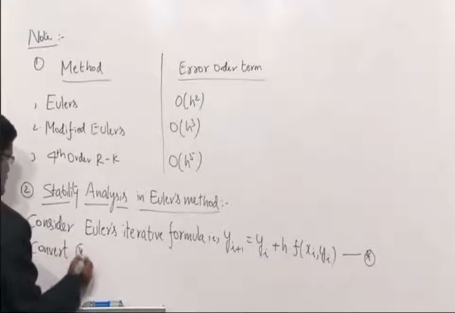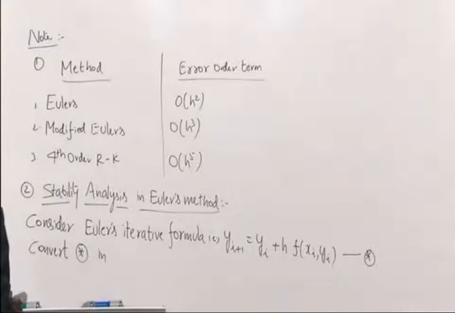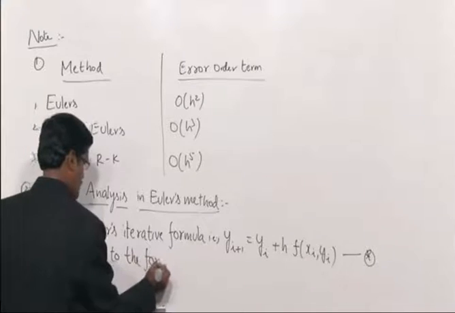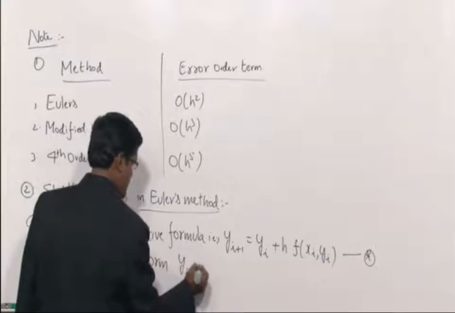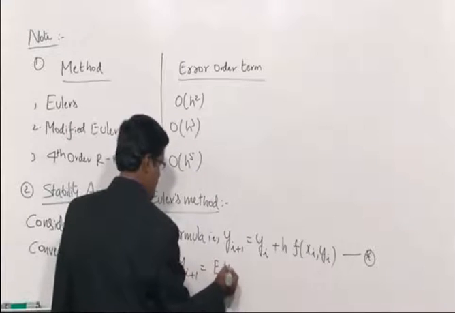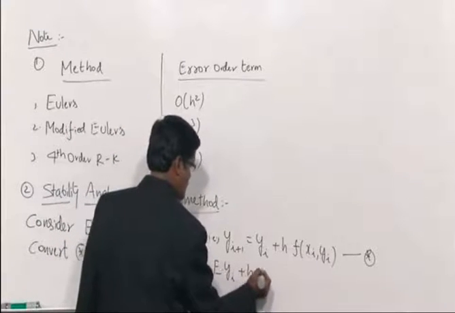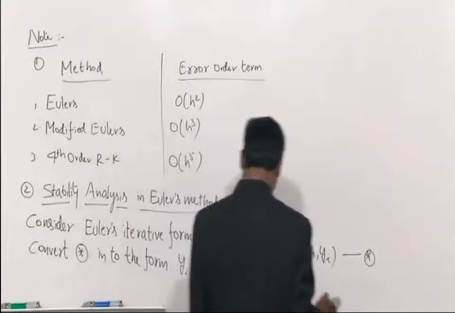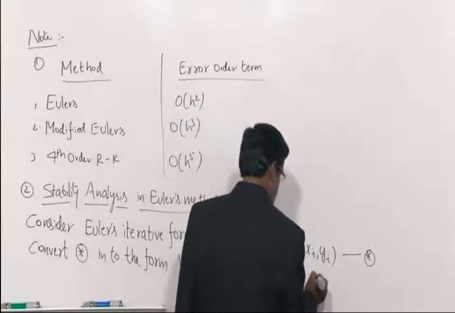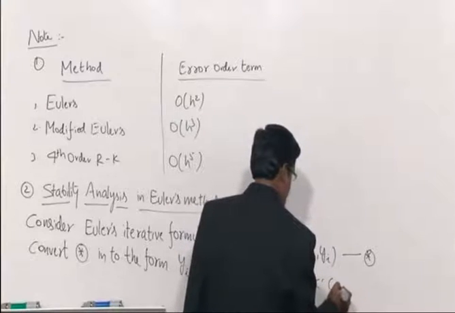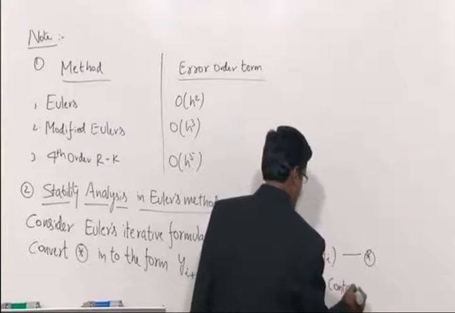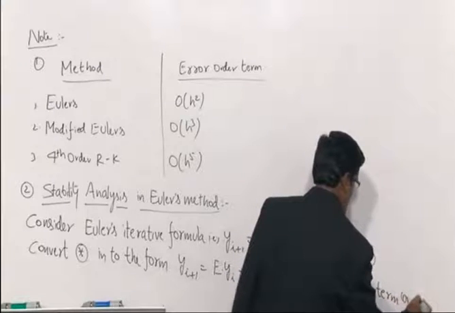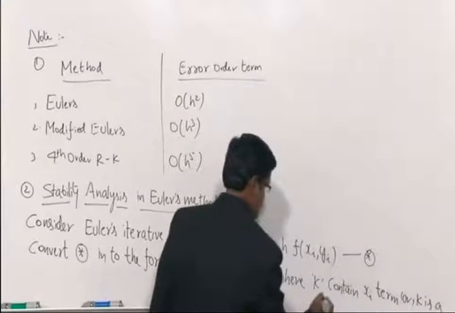Convert star into the form y i plus 1 is equal to E into y i plus h times K, where K contains x i terms or K is a constant.